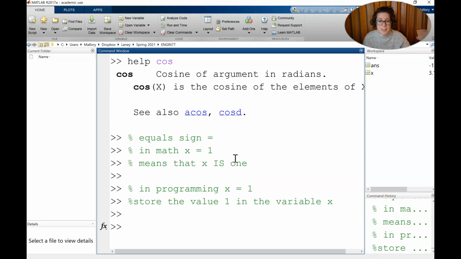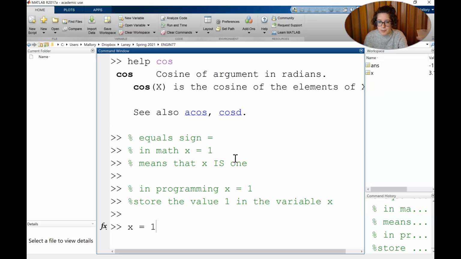So if we type x equals 1, and then in our next line say x equals 2, so first we stored 1 in x, and then we stored 2 in x. So that just means that 2 is now stored in the variable x. We don't remember that it was once 1. There's no memory of what was once stored in that variable.